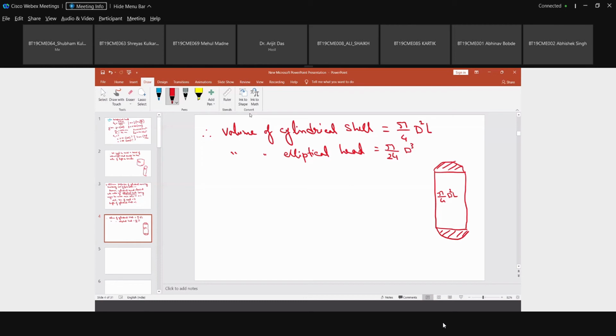So now these two volumes must be equal to our total volume of the vessel. So the condition is that the total volume capital V is a constant amount and it is equal to 2 into... Then what is the value of L?